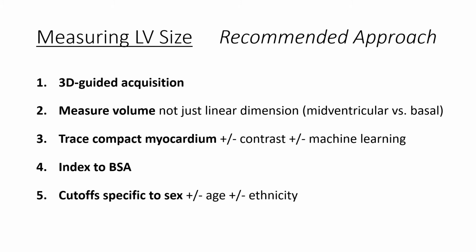And this is while waiting for computer vision and machine learning to become routinely available and further help us in tracing along the correct lines. Fourthly, to index measurements to body surface area, and fifthly, to look at cutoffs specific to sex and maybe even to age and ethnicity, depending on the clinical context.